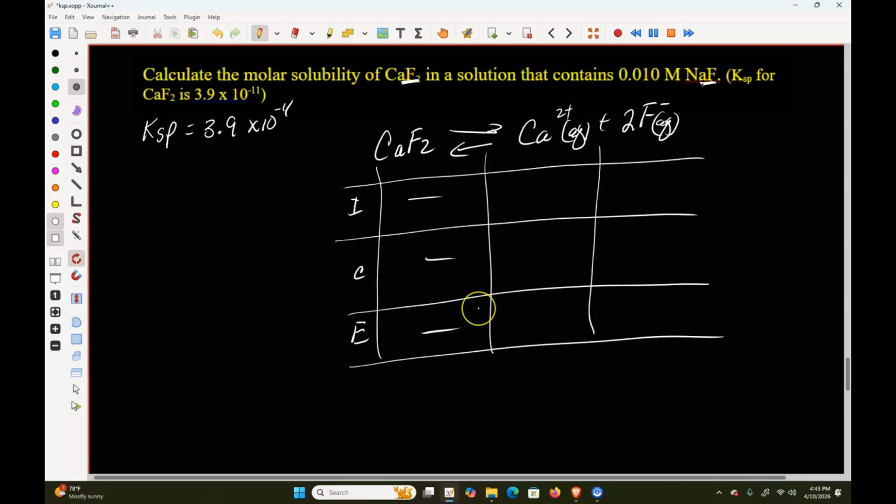This is solid, so we can ignore it. All right, initially I have no calcium, but I have 0.01 moles of fluoride. This will be plus x, plus 2x. Okay, again, this x is very small. If I have a Ksp of negative 11 there, so we're going to basically ignore it.